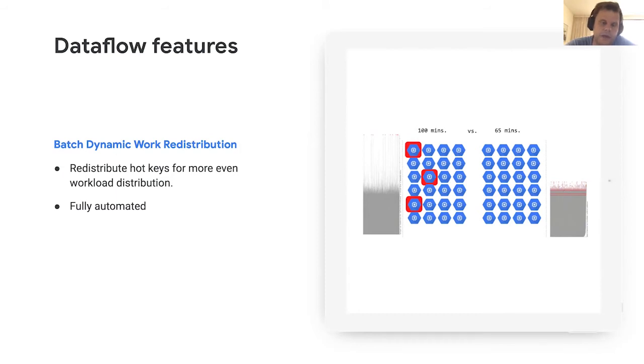Dataflow is able to detect workers that are taking longer than others and is able to split bundles. Bundles are sets of elements being processed in certain workers. It splits these bundles into further chunks and then redistributes them across idle workers.